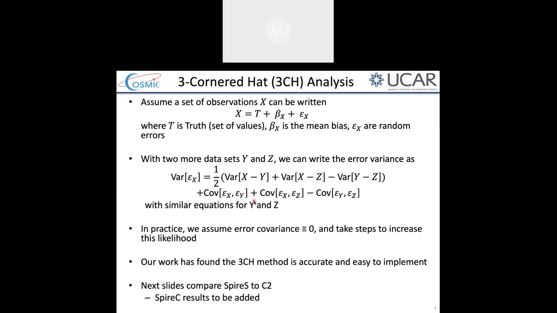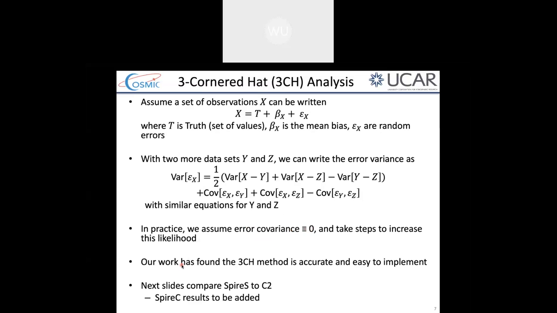If the correlation between the data sets is 0 or nearly 0, then this should be a very good measure of the real random error for each of the data sets that you're combining. That is assumed here in this analysis. There are papers out there that talk about this in more detail. We believe that's basically true in these cases, and it's a nice way to also estimate errors.